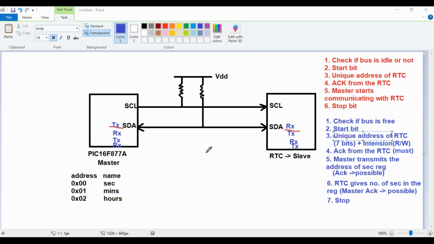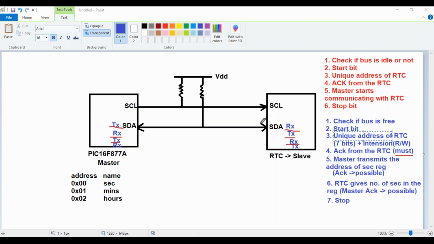Then acknowledgement from the RTC will be given, so the RTC is the transmitter and the master is the receiver. And acknowledgement this time from the RTC is a must. Now the master transmits the address of the second register because it wants to read the data from the second register.